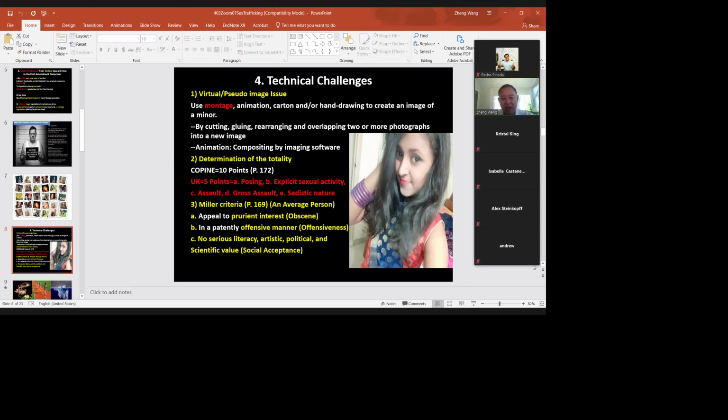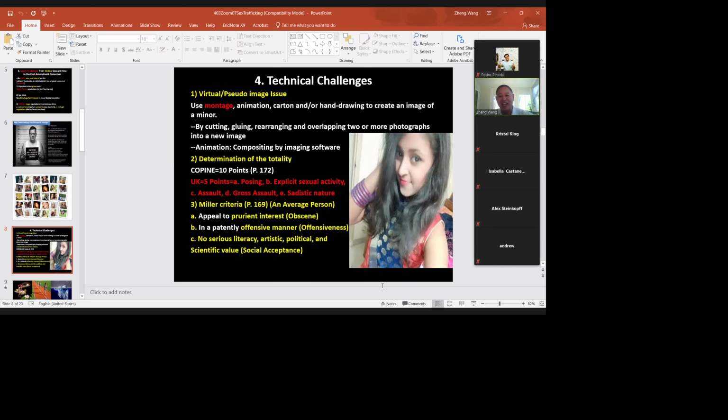Then, no serious literary, artistic, political, or scientific value in that image. Social acceptance standard. All 3 help make a decision. It is pornography, or it is something that's different.